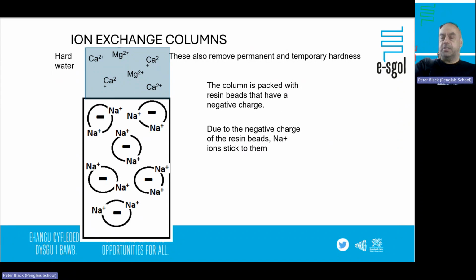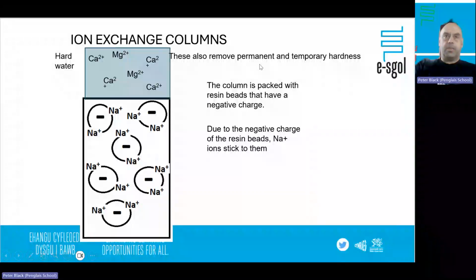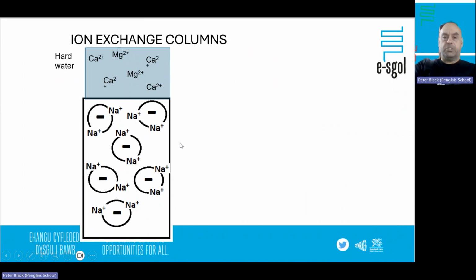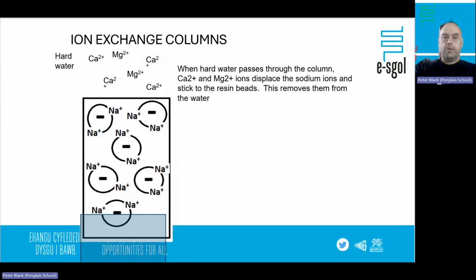And this is why we call it an ion exchange column. Now, this technique works with all types of hardness, temporary and permanent. And as we pass our water through the ion exchange column, the calcium ions swap with the sodium ions. They push them off the beads, taking their place. So that's why we call it an ion exchange column.